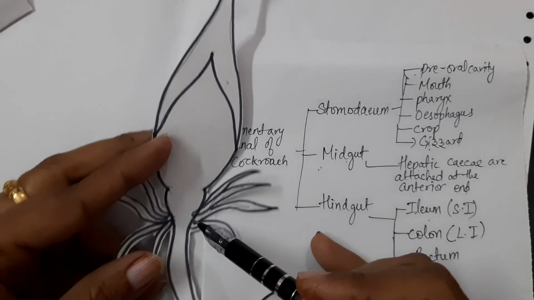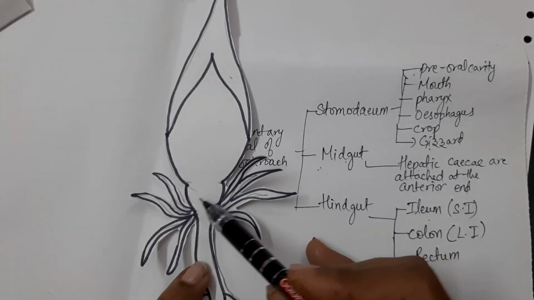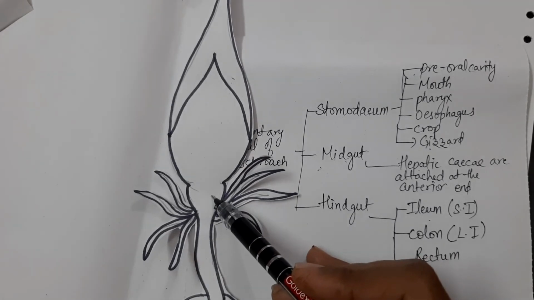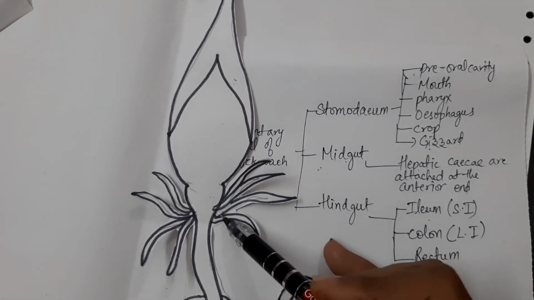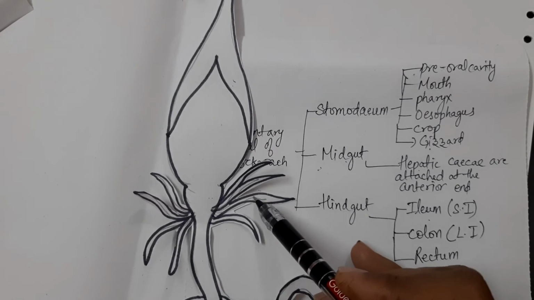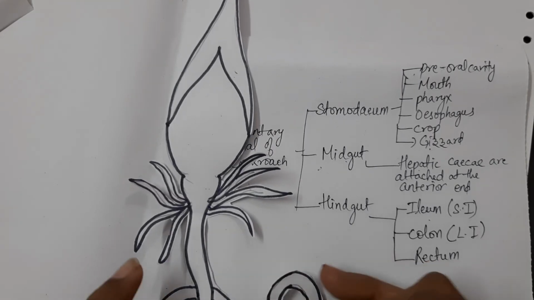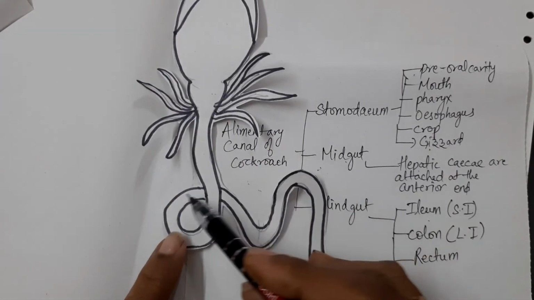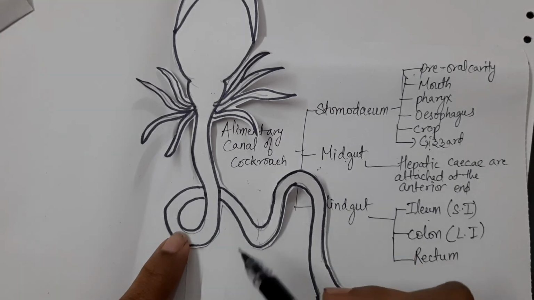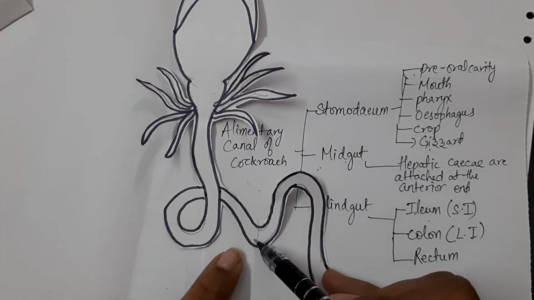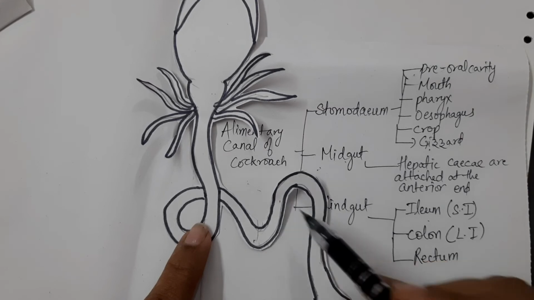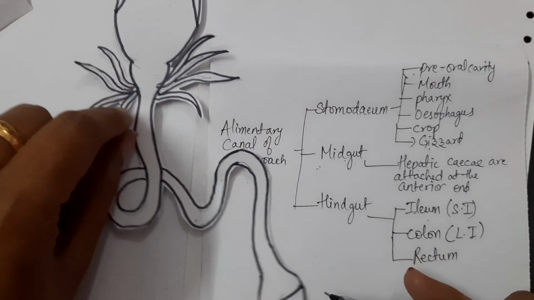After that, you can see these swollen structures, these are the crop to which hepatic caeca are attached. This long tubular section is the ileum, then the colon, and this last part is the rectum.